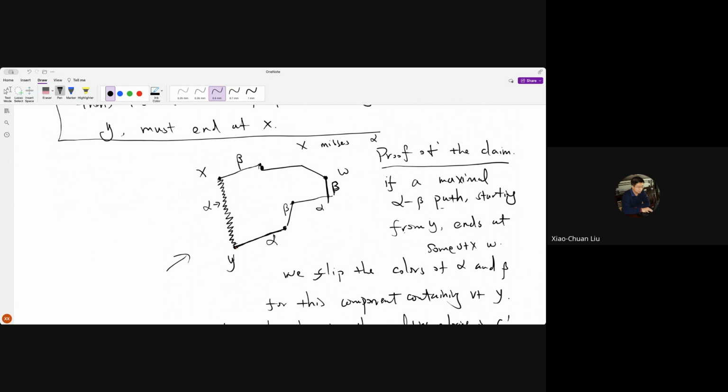So the alpha beta path starting from y must end at x. We will use this claim a lot during the proof. Any questions?